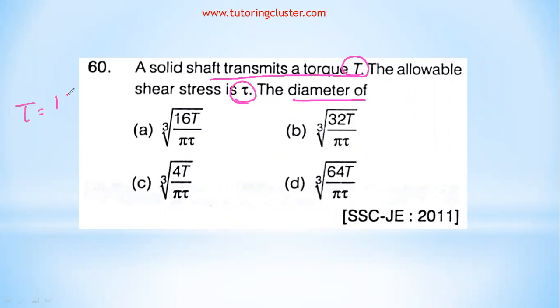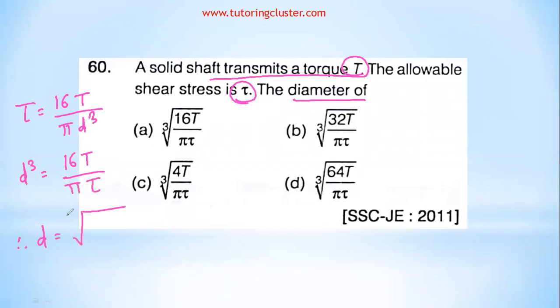Tau is equal to 16T upon pi d cube. So d cube is equal to 16T upon pi into tau. Therefore, d will be cube root of 16T upon pi into tau. Okay, so what will be the correct answer? Correct answer will be A.